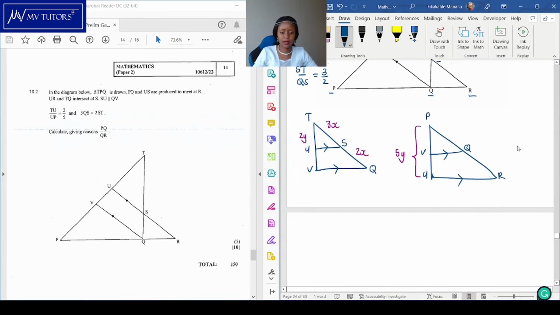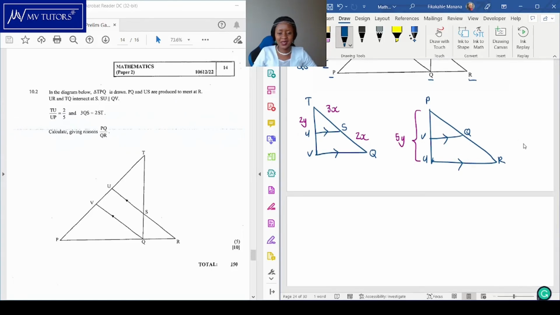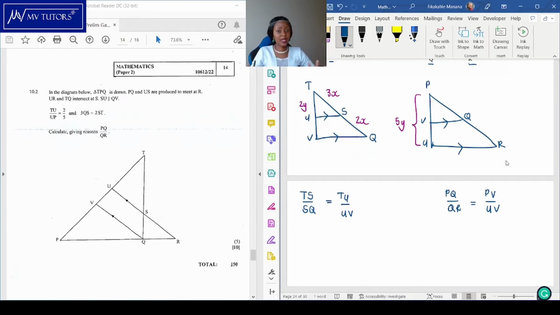So where do I start? I'm going to start by saying TS over SQ is equal to TU over UV. And in this triangle we have PQ over QR is equal to PV over UV. I need to take one equation and substitute it into the other, and the common thing between these two is UV.